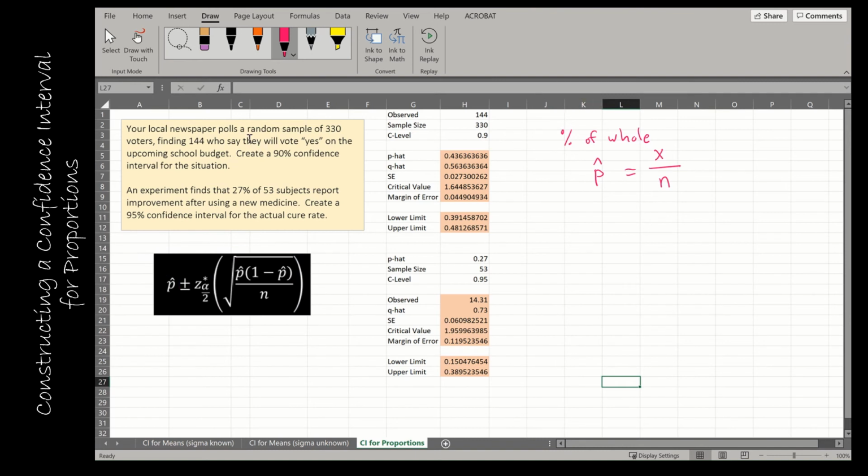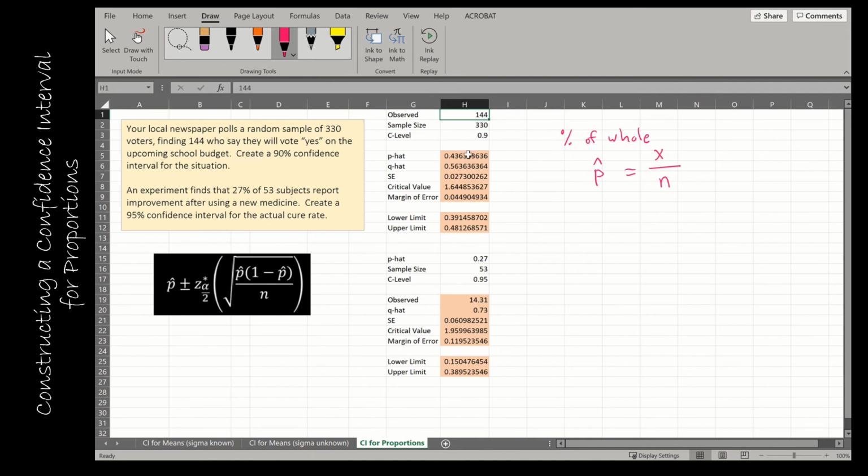For the first question, it says 330 voters and 144 will vote yes on the upcoming school budget. So observed, or X, is 144, sample size is 330, and I want a 90% confidence interval. So I need to find p hat. Well, p hat is just X divided by n.